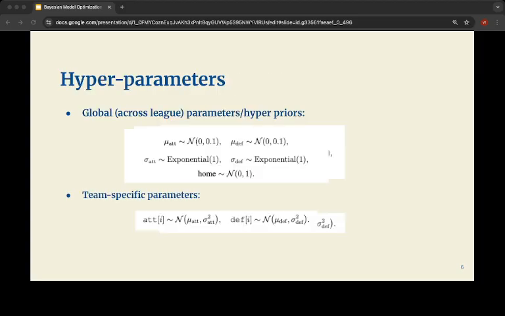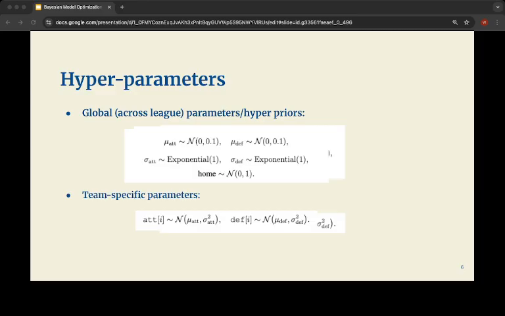Let's go a little bit deeper on the hyperparameters. The hyperparameters of this model have global parameters and team specific parameters. So we have the normal distribution of attack power and the normal distribution of defense power, the mean and the variance of both, with exponential values.